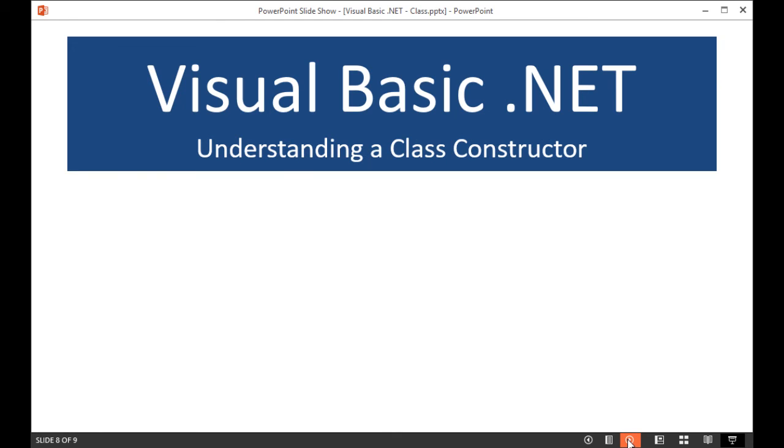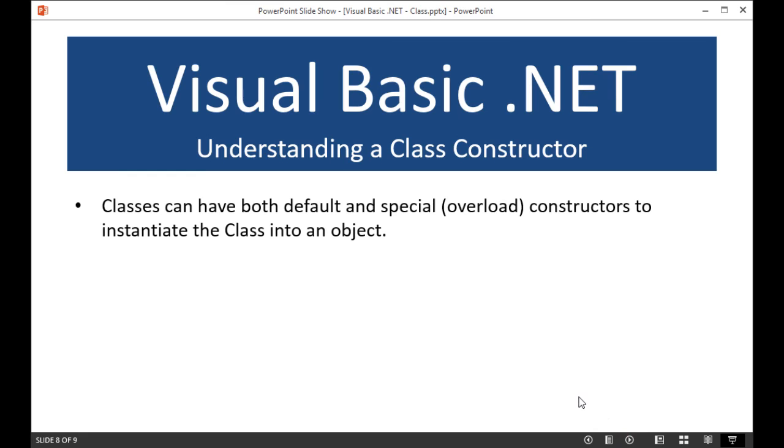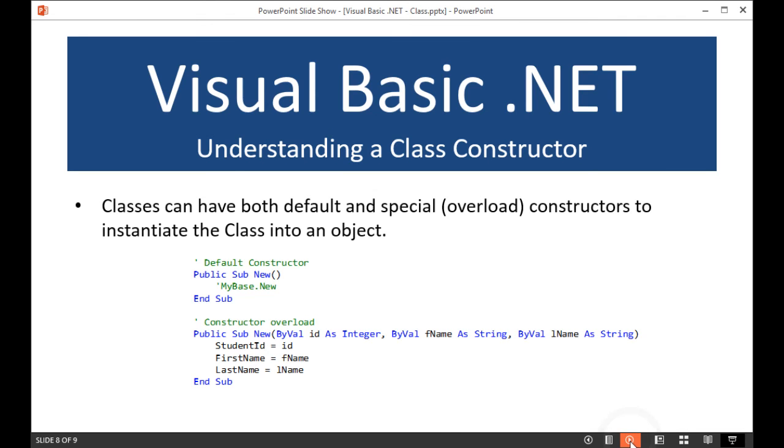And the last part we're going to take a look at is the constructor of the class itself. Classes can have both a default and special overload constructors to instantiate the class into an object. Even if we do not declare a default constructor, the system in the background does have a default constructor being used. The difference is we can code it in and add to it.